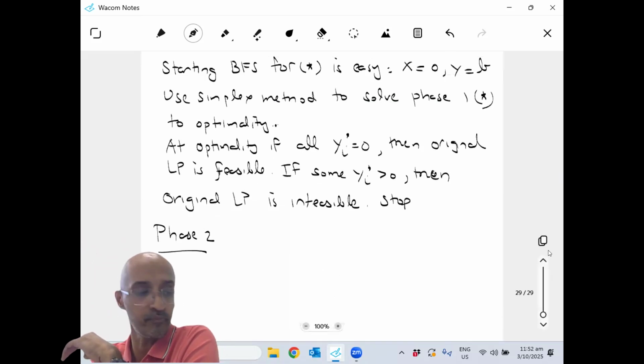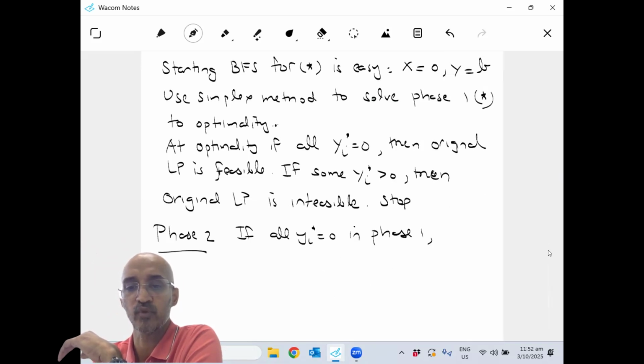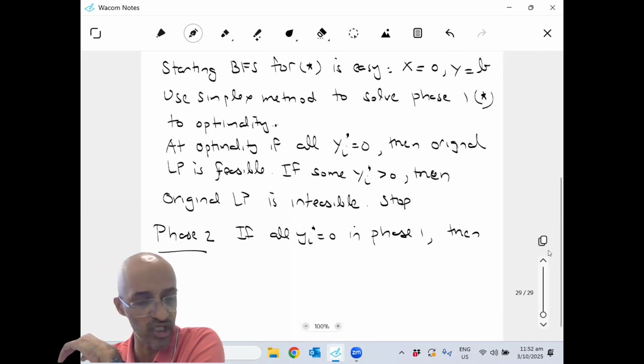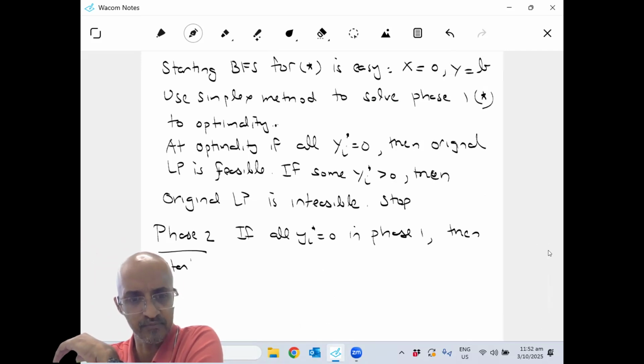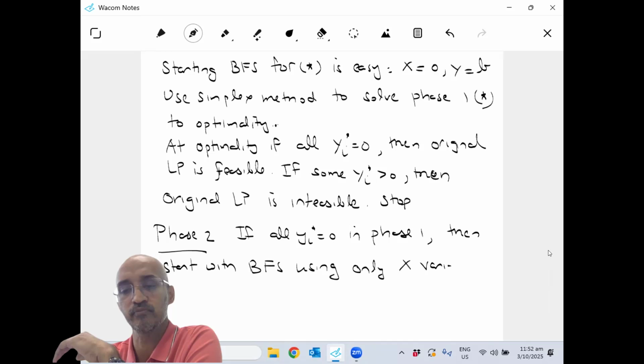Suppose all y_i's are 0. So if all y_i star are 0 in phase 1, then you essentially start with the basic feasible solution using only the x variables.